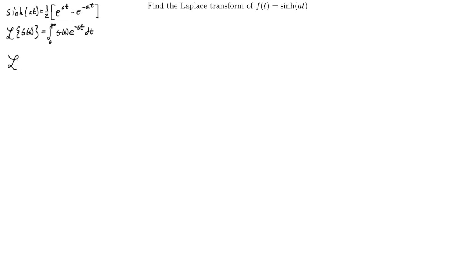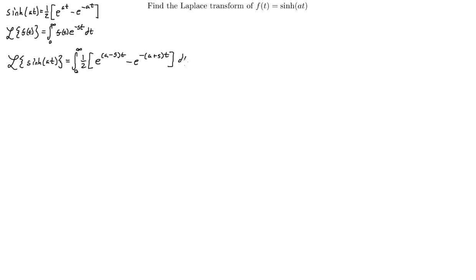So we have the Laplace transform of hyperbolic sine is equal to the integral from 0 to infinity of 1/2 e to the (a minus s) times t minus e to the minus (a plus s) times t.